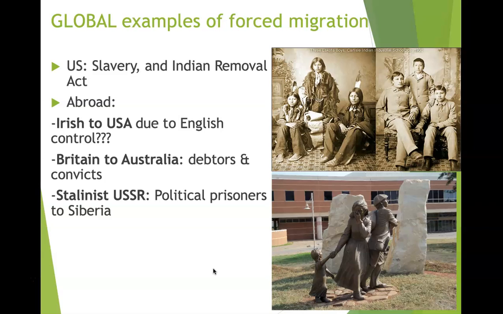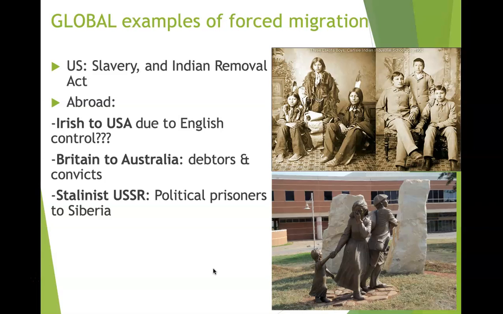Now, there was nothing official about what the English did, but they just made the Irish very, very uncomfortable, I guess, when it came to the potato famine and all of these things. So you see a big push from the Irish coming to the United States, and we can look at English control of Ireland during that time.